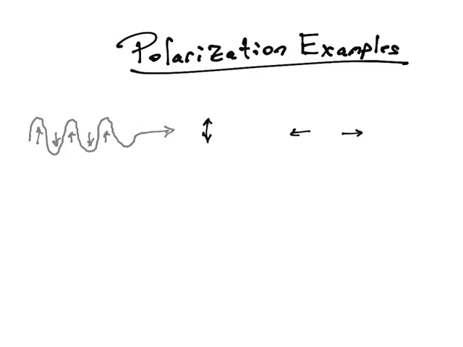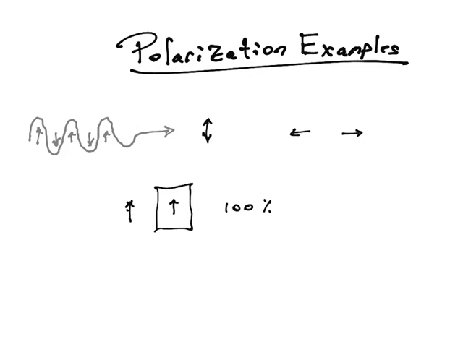So we know that if we have a polarizing filter and we send light through, if the light is polarized upwards, and the polarizing filter is polarized upwards, then 100% of the light will get through because none of it is blocked. The polarizing filter only allows that amount of light which is polarized in the same direction as the filter.